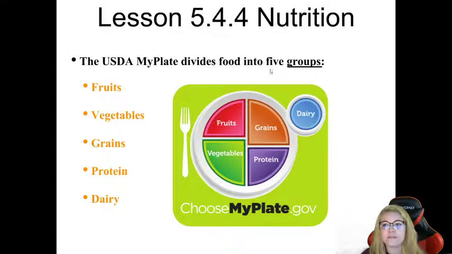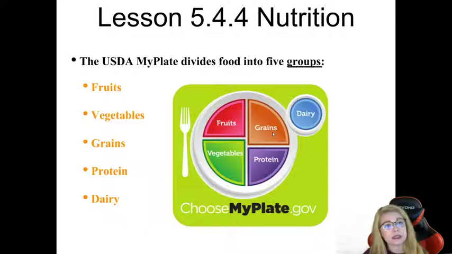And it contains the 5 USDA food groups. The USDA defines the 5 food groups as fruits, vegetables, grains, protein, and dairy. And you can see here on the MyPlate that all of those 5 groups are represented. Okay, so vegetables, that's self-explanatory. You know what fruits are.